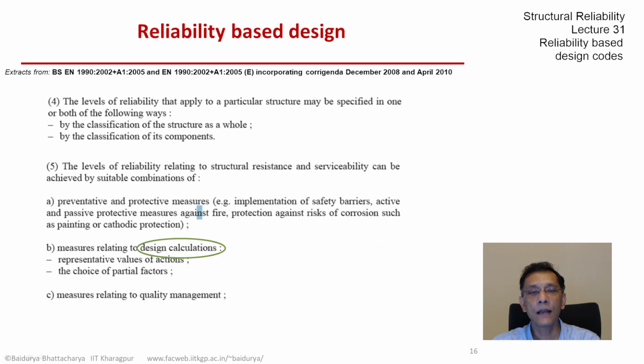Then these design calculations, becoming more specific, have to be based on representative actions, the sort of quantities that we saw in those partial safety factor based equations, and more specifically the choice of partial safety factors. So the partial safety factors are also introduced very early on in the design document.